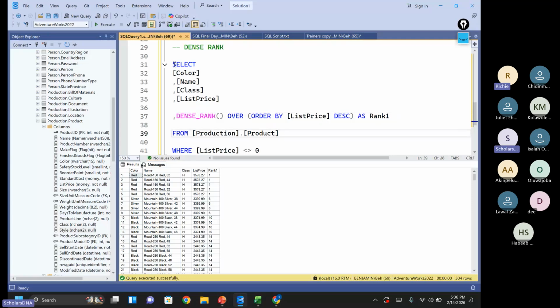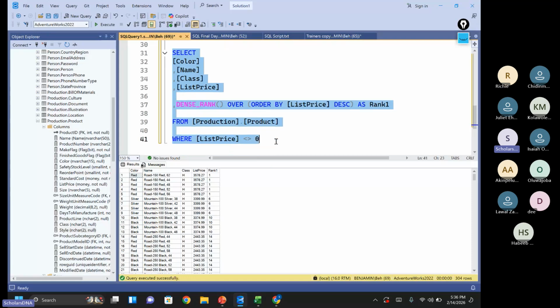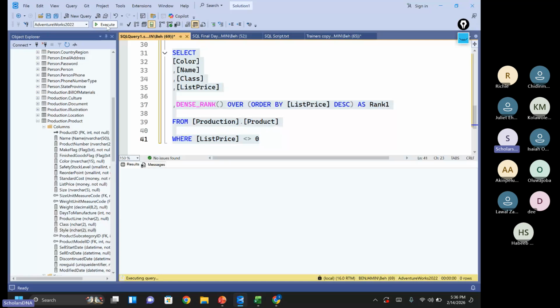So we execute, and it's the same thing: find the color, name, class, list price, but dense rank over order by list price in descending order as rank. We can execute this and you can see the difference.